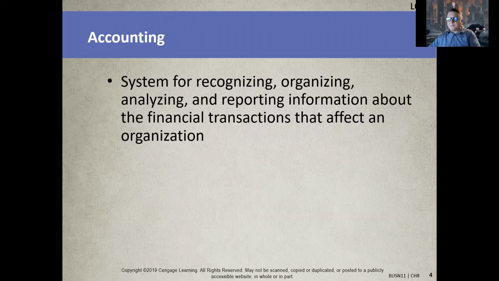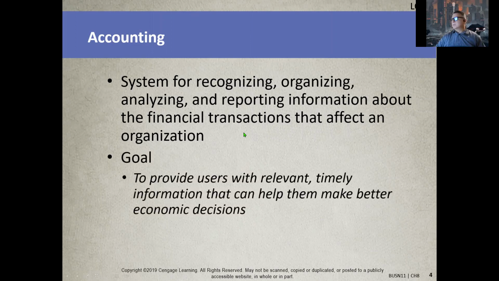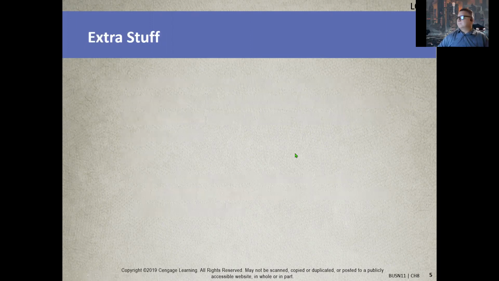Because one of the main reasons for accounting is to let the government know how much they can charge you, and they give you all sorts of ways in and out, depreciation on buildings, on equipment, and things of that nature. Goal: to provide users with relevant, timely information that can help them make better economic decisions.